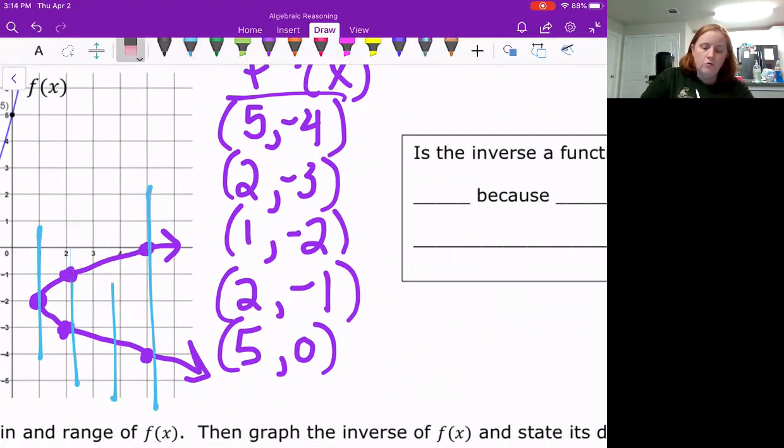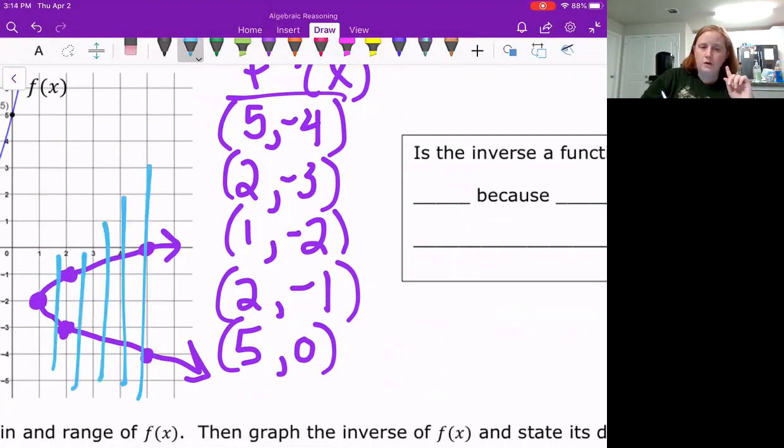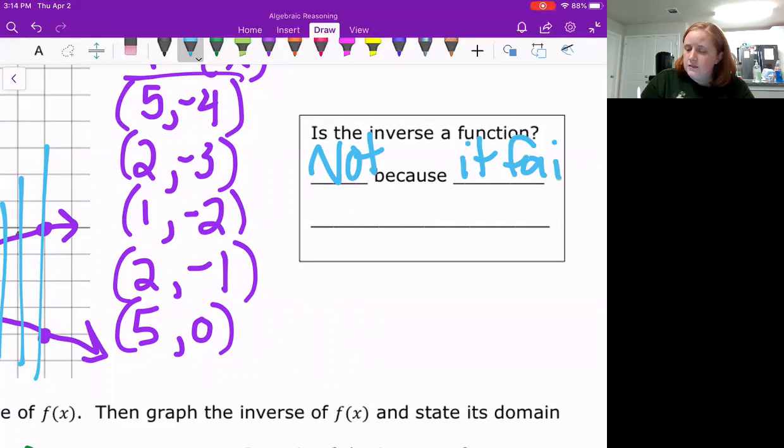So even though that one line that I left up there hits the graph one time, if I move it somewhere else, if I draw it far out here, I hit twice, not a function. So it doesn't matter. If I can draw it anywhere and it hits more than one time, not a function. So this inverse is not a function because it fails the vertical line test, which is what that test was called.